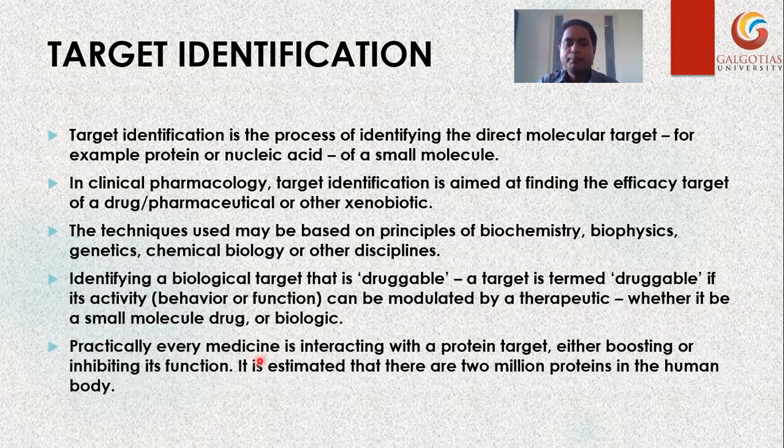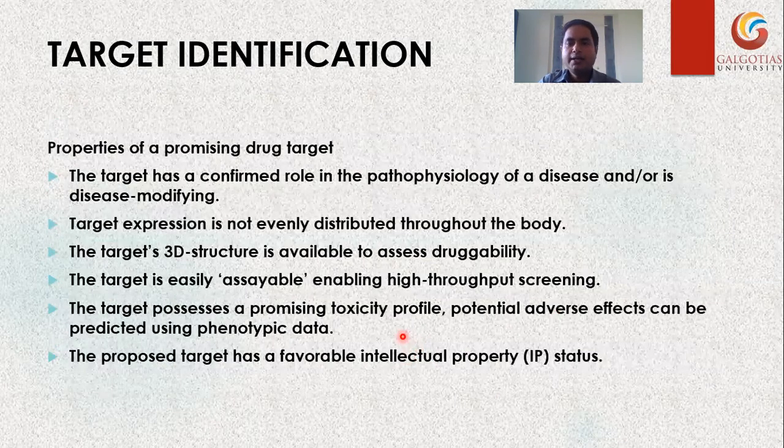Practically, every medicine is interacting with a protein target, either boosting or inhibiting its function. It is estimated that there are 2 million proteins in the human body, and we know that there are about 30 to 35,000 genes present in a human.